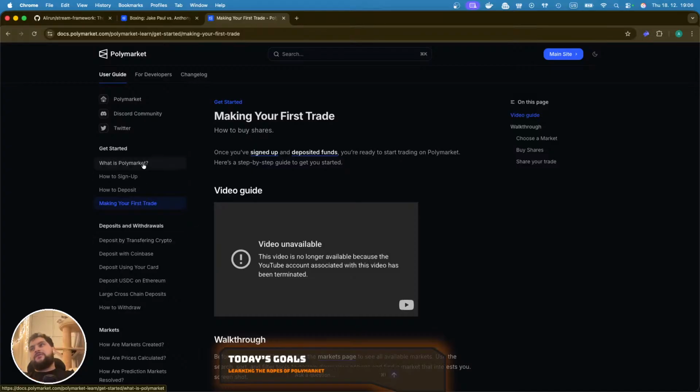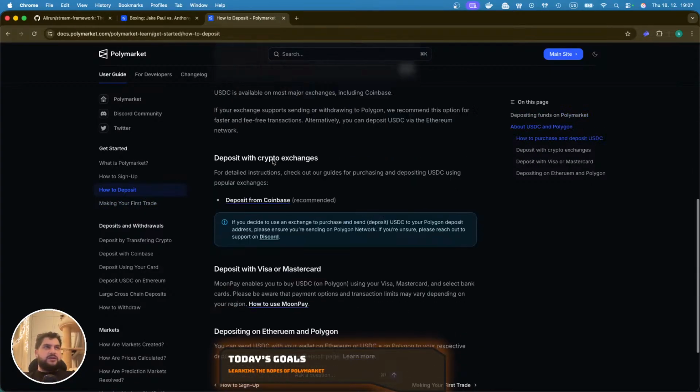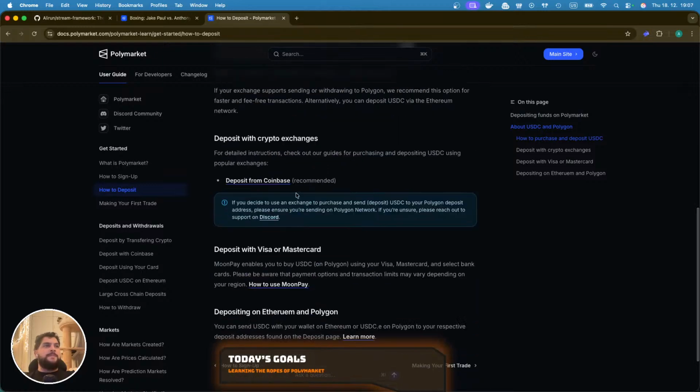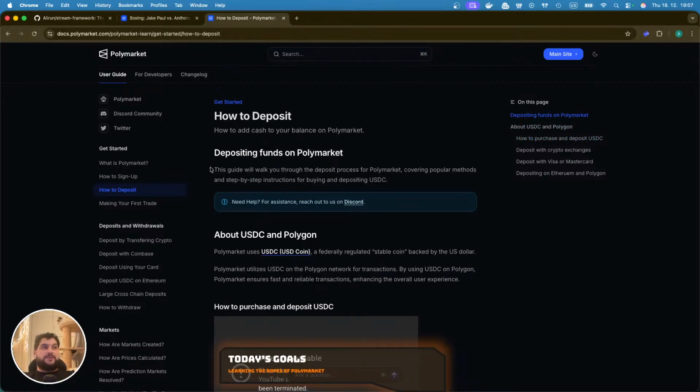But I guess we have to get through that first because we need to understand how it works from the user perspective first, and then we will go to the developers documentation. Because here it says how to deposit, and oh okay, it's just for users how to buy USDC and so on. But I really wonder what the deposit address is by itself, whether it's a multi-signature safe deployed somewhere, or is it their centralized backend or something like this. So this is a really interesting part.